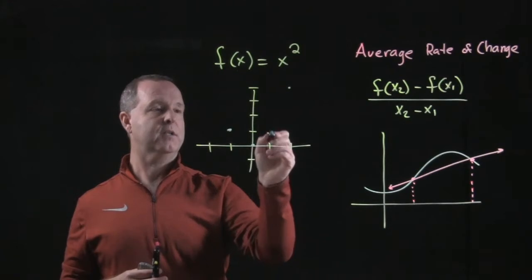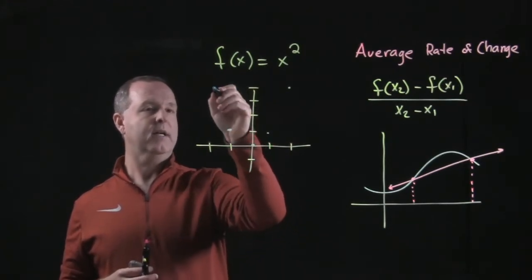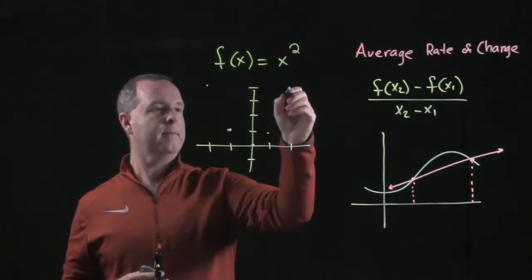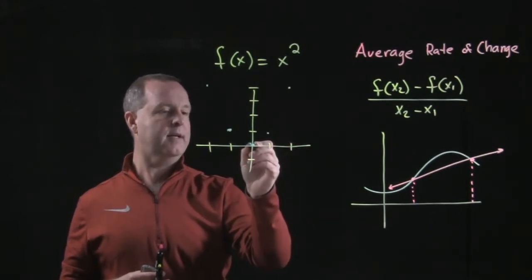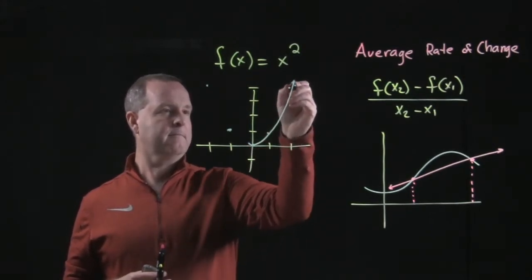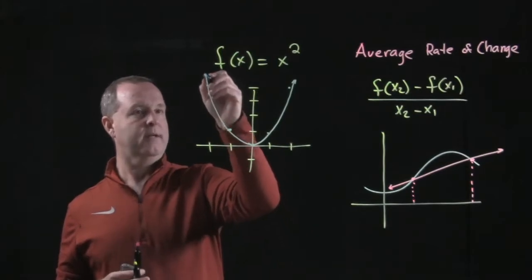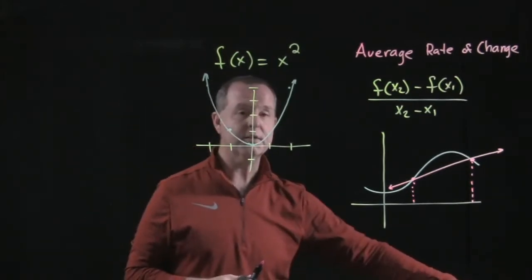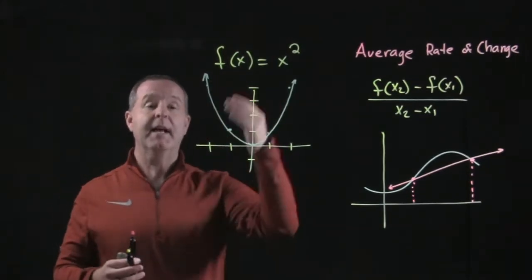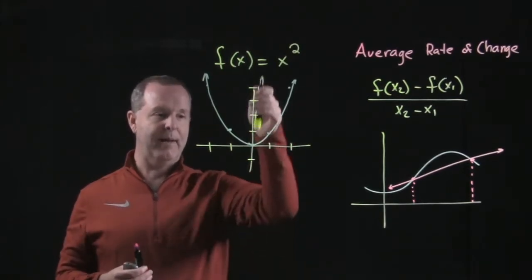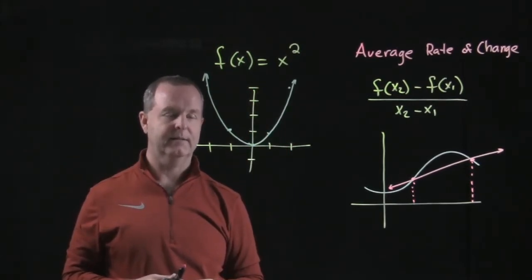It's an even function, so it mirrors on the other side. Let me try to hit those dots the way I wanted to. So there's a graph of x squared. Yes, it's an even graph. It's symmetrical about the y-axis.